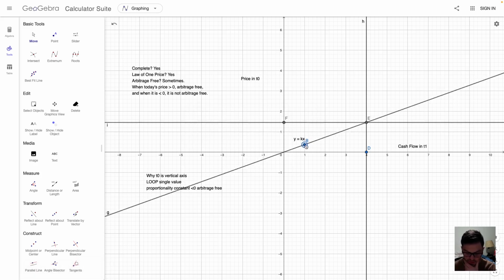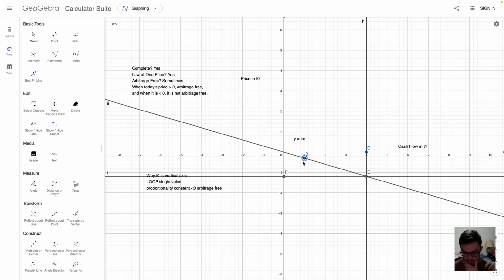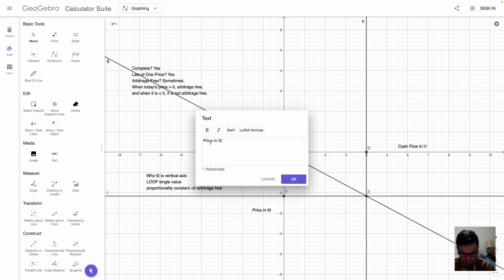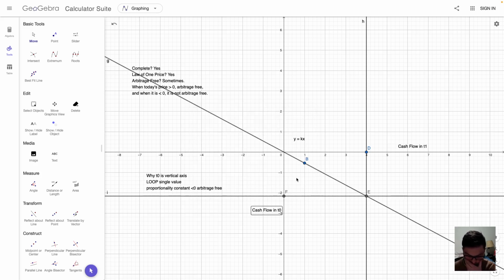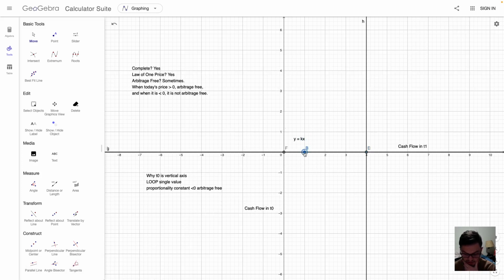This is the way you'll see it in most textbooks, and a negative k means there is an arbitrage. But I like to think about it in terms of cash flow, and you can do it however you like. In most of these videos, the characterization for arbitrage free is that k is negative, and for arbitrage, that k is positive.